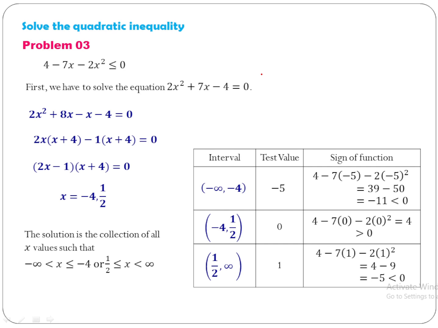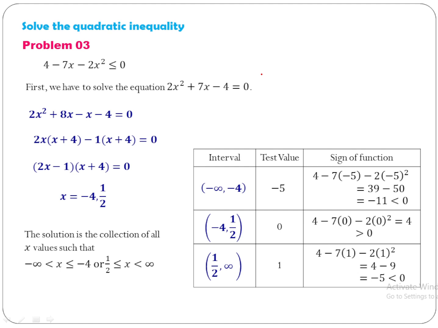So whatever the problem, first we form the equation and solve it. Then we split the number line into 3 or 4 intervals according to the solution of the equation. In each interval we assume a test value and examine the sign of the function at that test value.